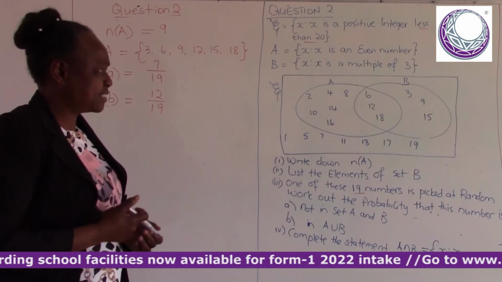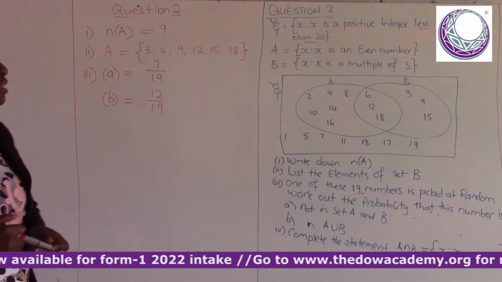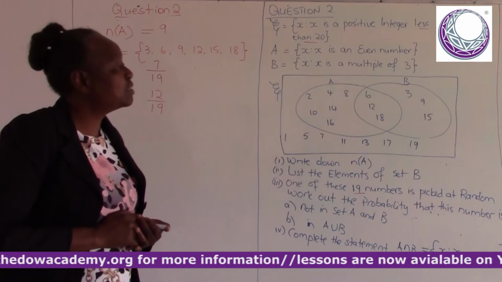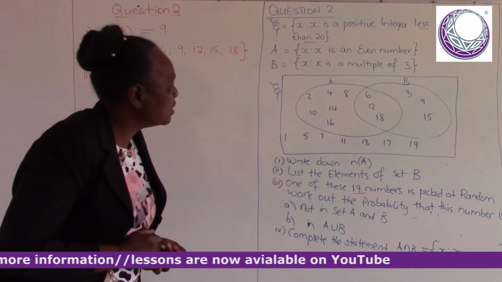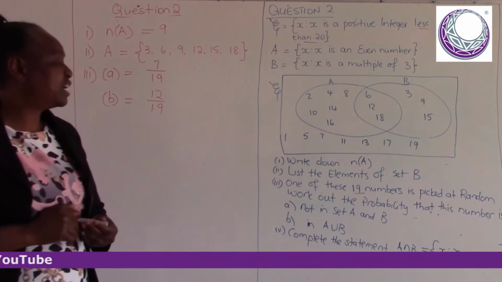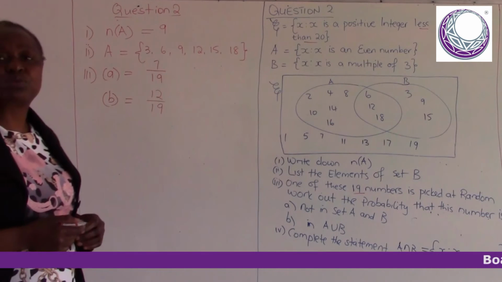So in the intersection set, there's 6, there's 12, and there's 18. What do we know? What are these numbers? What do we know them for? 6, 12, and 18. These are multiples of 6.